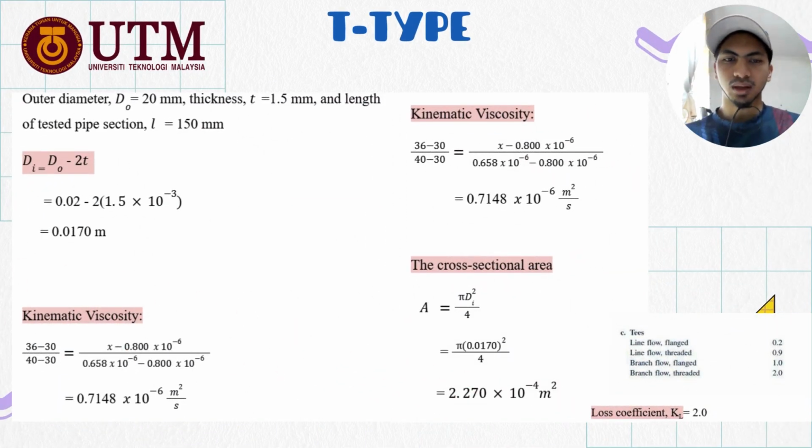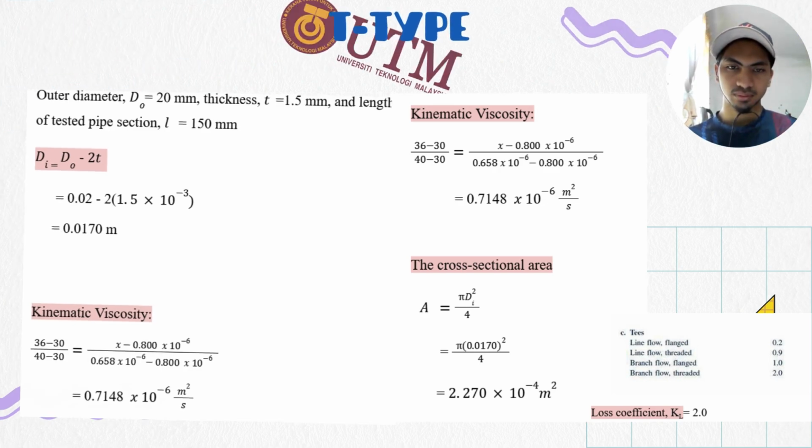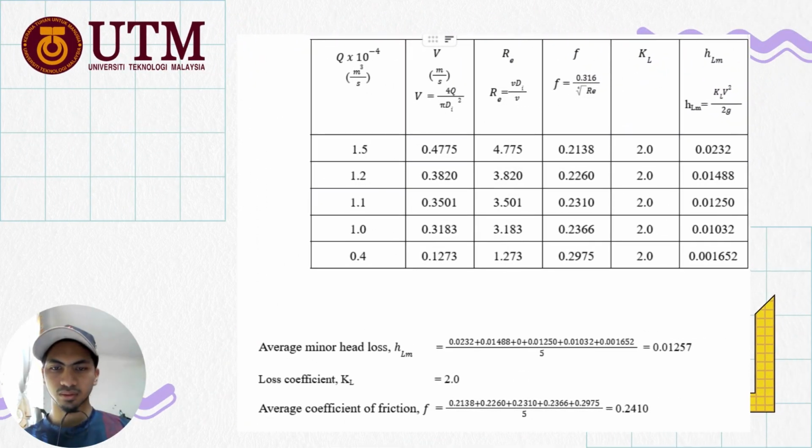So here the T-type section. We must also use the same formula for the diameter, kinematic velocity, kinematic viscosity, the cross-sectional area, and the loss coefficient KL. We also use the same table and the same formula. And here the same formula for the calculation of V, RE, F, KL, and HLM.